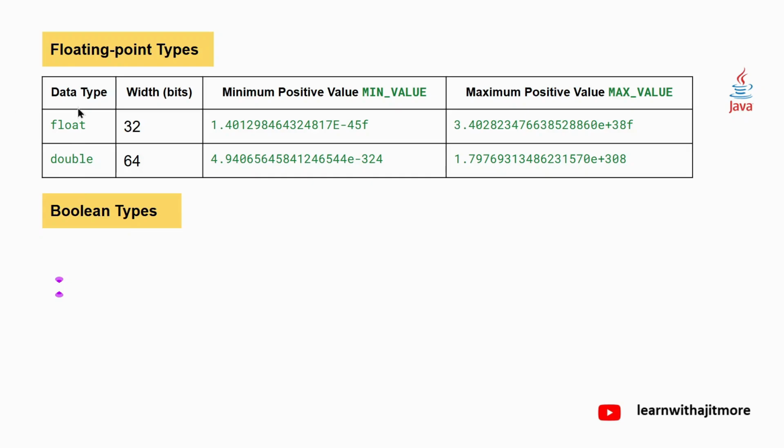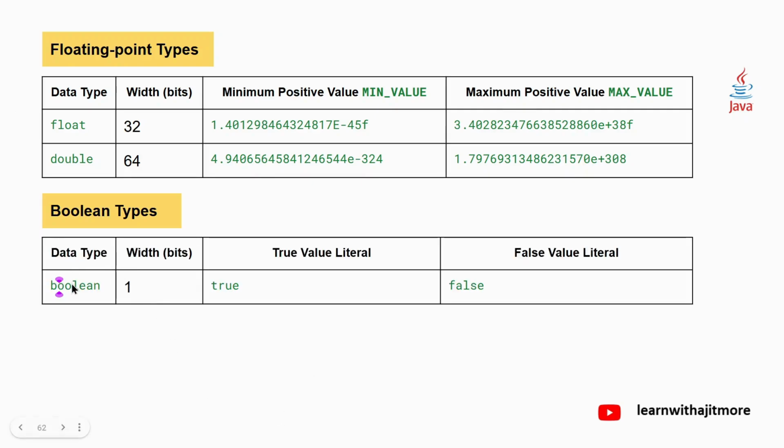You cannot convert Boolean to anything, or anything to Boolean. Therefore, whatever the size is, it is specific to the VM. It is hidden, it is abstract. According to some books, as I said, it is 1 bit. True and false are the only possible values which can be given to Boolean.